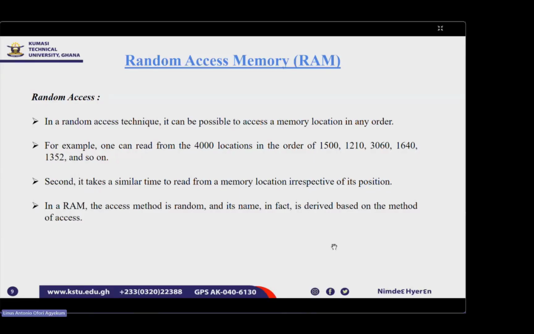So for example, where we have 4000 memory locations, it can decide to access location 1500, and then the next location it is accessing is location 1210. In that fashion, it is not sequential, it is random. And by so doing, it takes almost the same time to access every location within the memory.